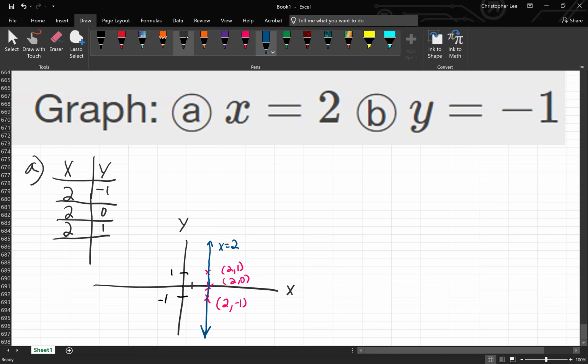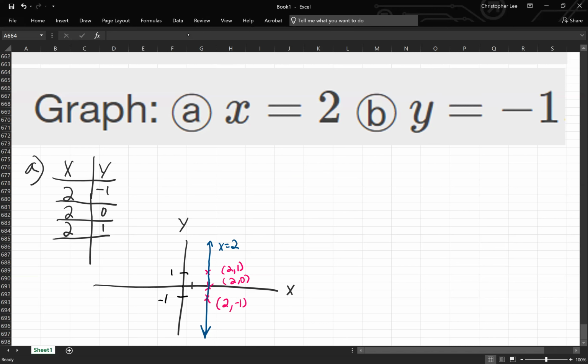Let's look at B. Again, I want to make a table of values. In this scenario for B, y is equal to -1. That means that all the y's are -1.